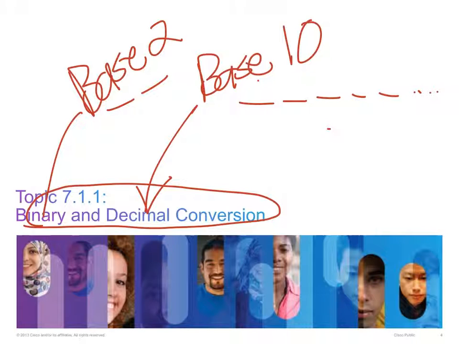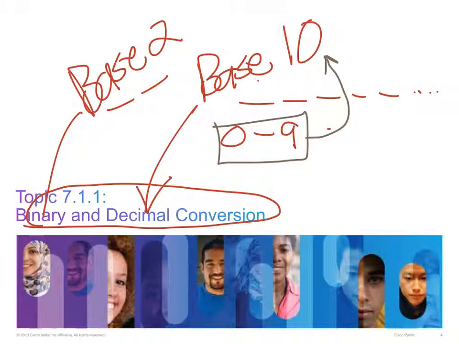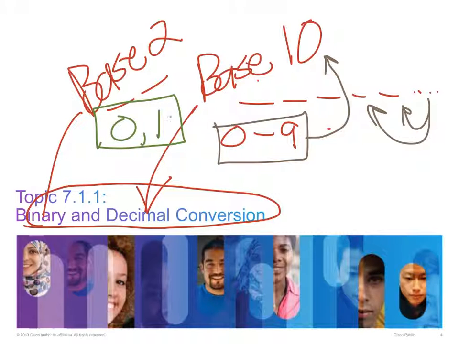So the digits here, we go 0 through 9. That would give us 10 digits, base 10, and then the groups increase by groups of 10. Okay, base 2. Now we're going to be using the digits 0 and 1, 2 digits for base 2.